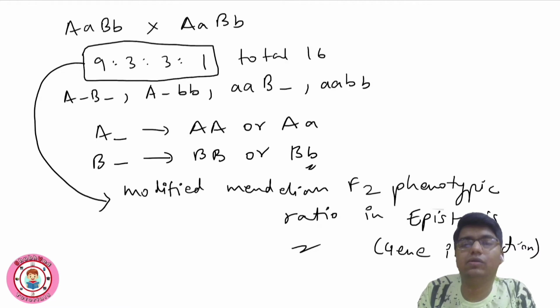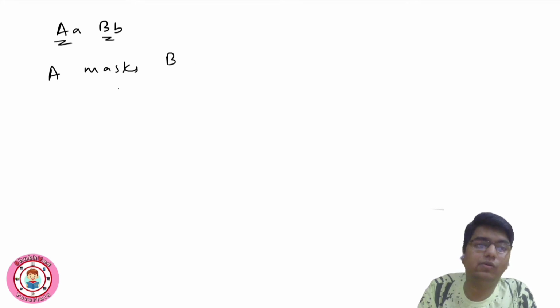Suppose these are the two genes. A is a gene, A masks B or modifies B. Then A is said to be epistatic.